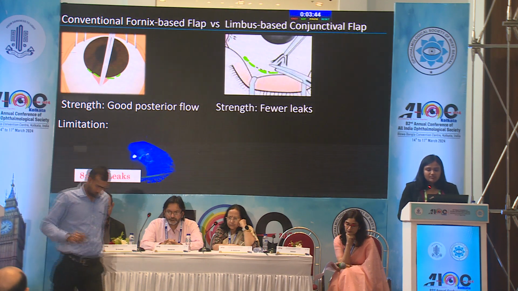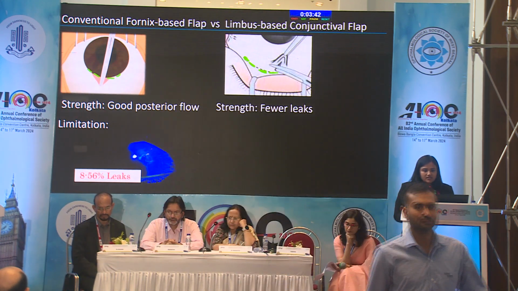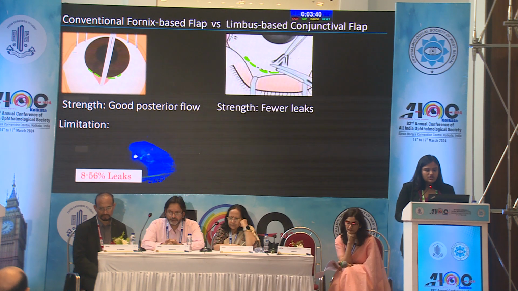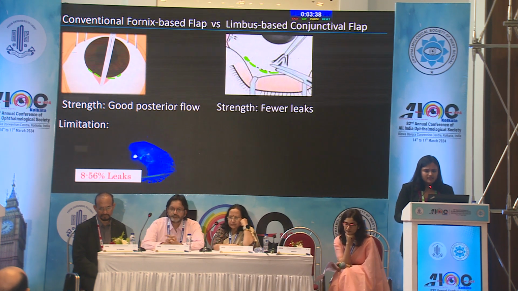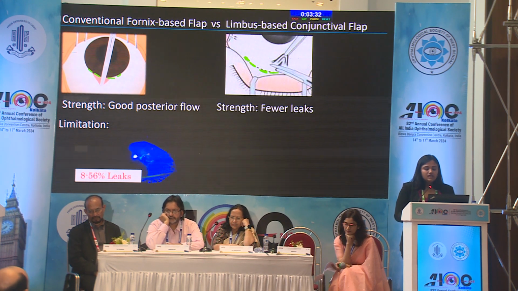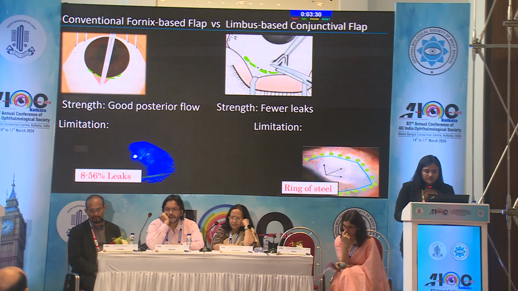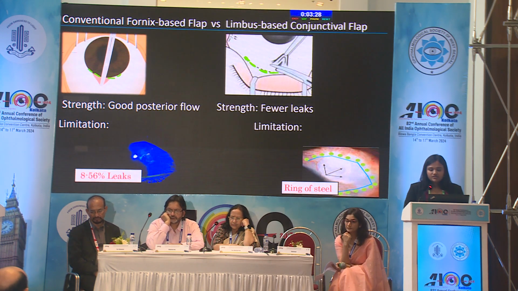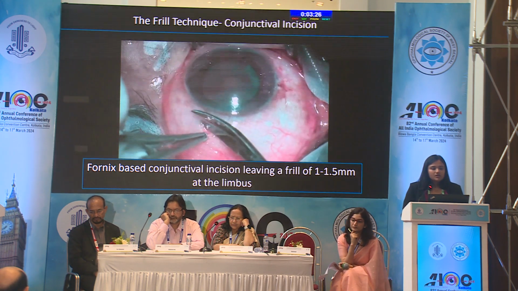Another technique is the limbus-based conjunctival flap, where the conjunctiva is sutured about 8 millimeters away from the limbus. This technique has fewer incidents of bleb leaks, but the problem is there is a ring of steel formation which can restrict posterior flow.